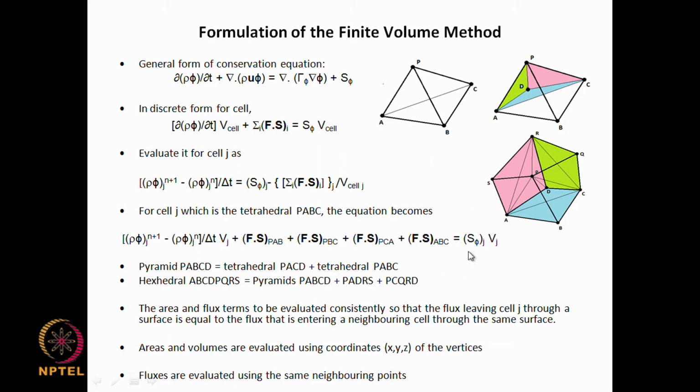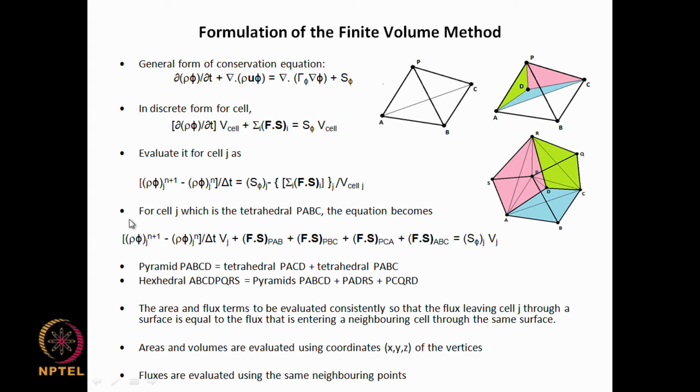So, in all these cases, we are writing the conservation equation as the rate of change of the particular variable phi as a result of the net flux going through the bounding faces and as a result of any sources of phi lying within the control volume.